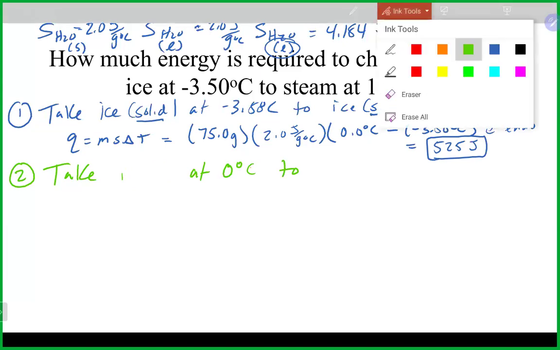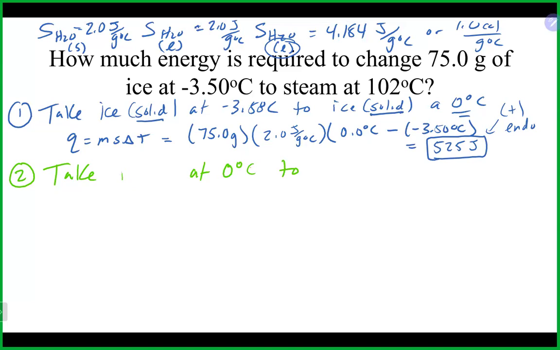So again, this is the normal melting point where this is going to happen. At this point, we are at 0 degrees, we're going to stay at 0 degrees Celsius, and we're not changing the temperature here.